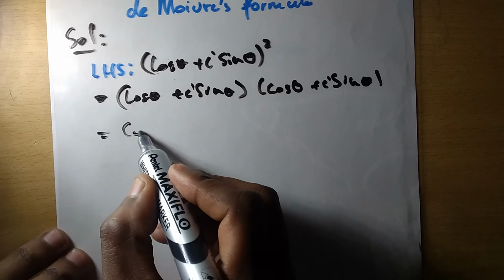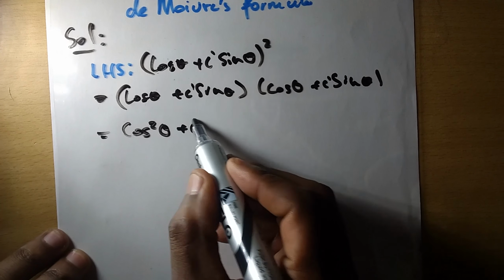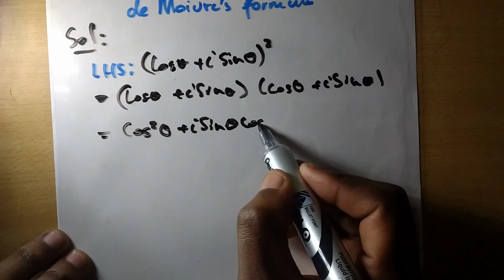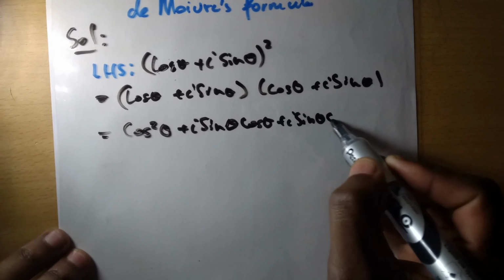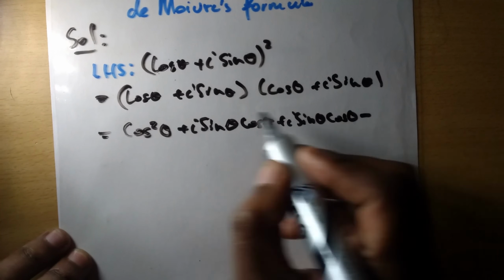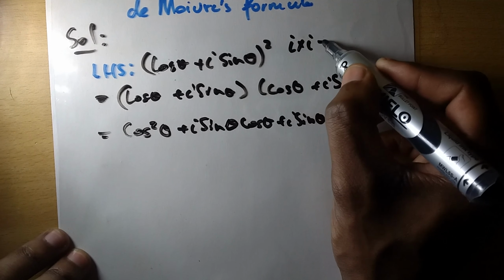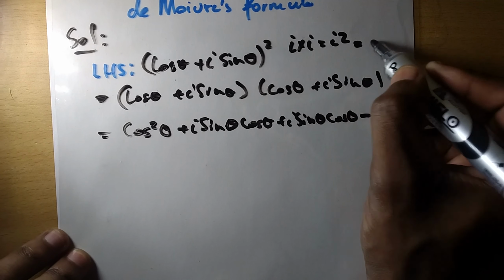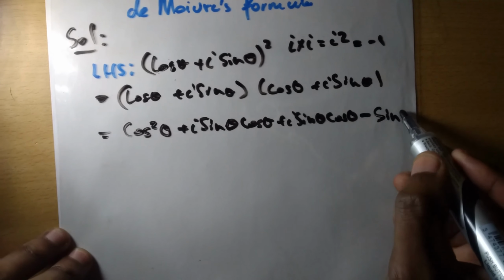Now we multiply the two. Cos times cos becomes cos squared theta. Cos times this one becomes I sine theta cos theta. This times that gives another I sine theta cos theta. And then this times that becomes minus, because I times I is I squared, which equals minus 1, so sine times sine is minus sine squared theta.